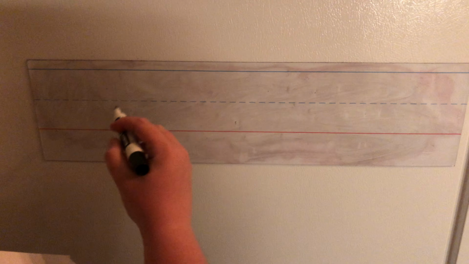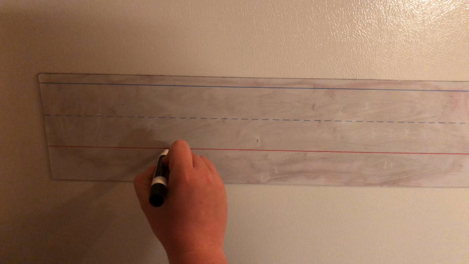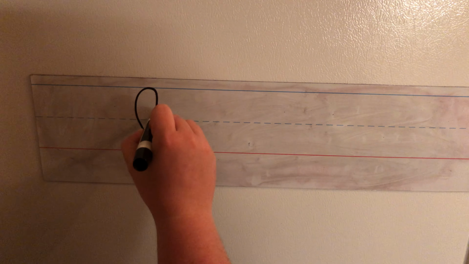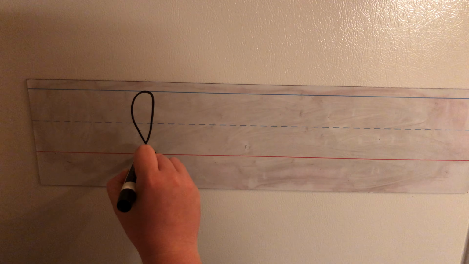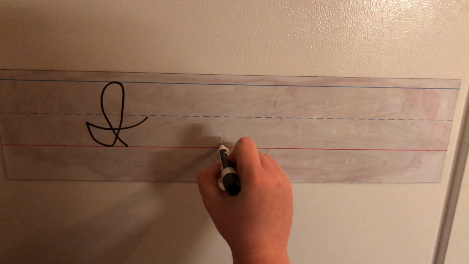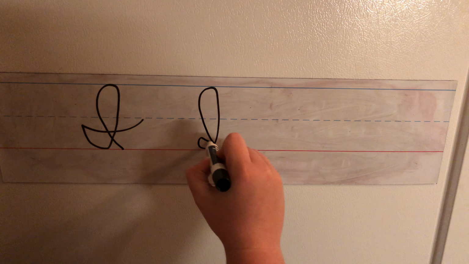So I'm going to start at the red bass line. I'm going to curve back and up, down to the red bass line, and over. Let's do a better example. Kind of like that.